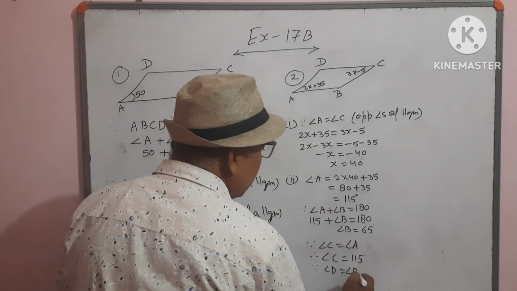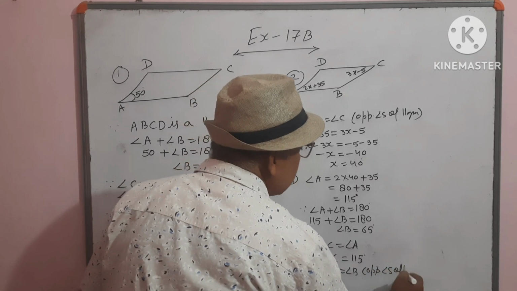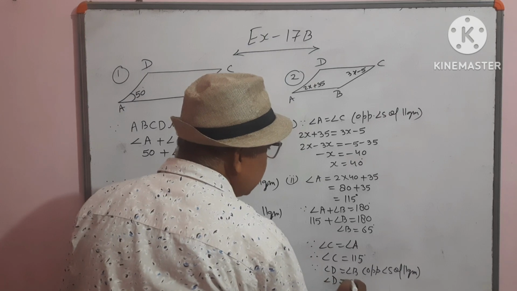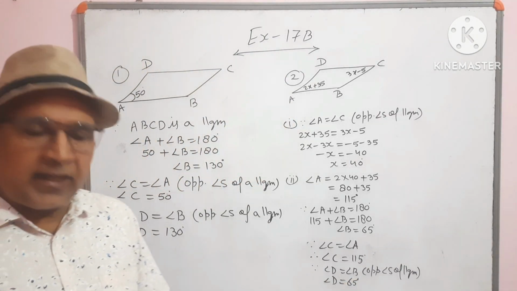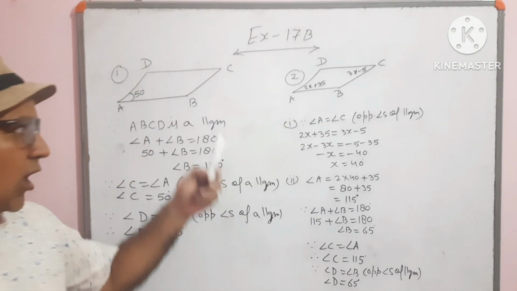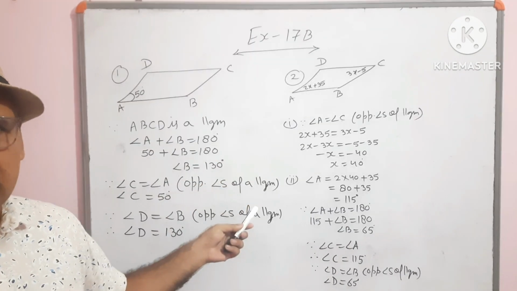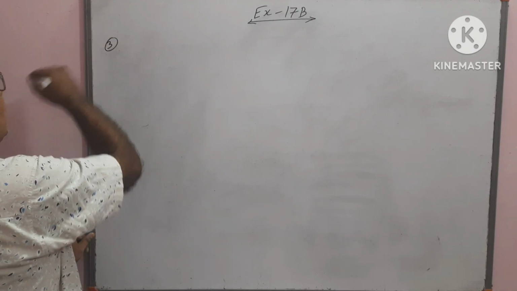Angle D is equal to angle B. Reason is opposite angles of a parallelogram. That means angle D is also equal to 65 degrees. Okay. Watch very carefully. Every step, try to understand it. Okay. Now copy it.